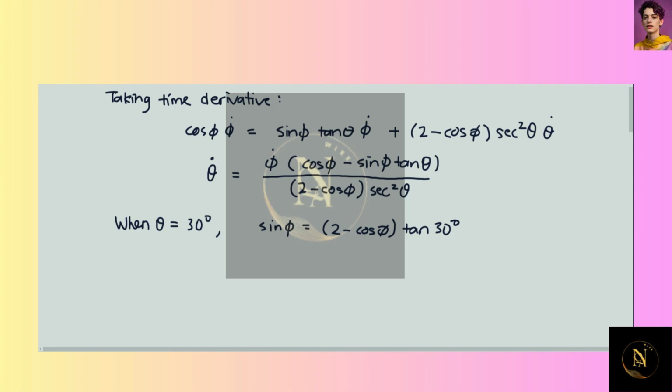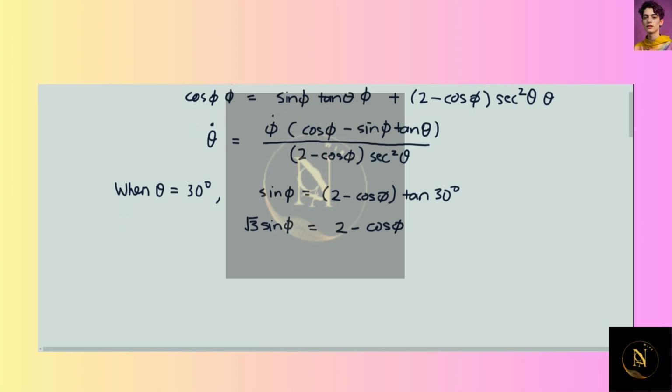There are a few ways to go about doing this. Tangent 30 degrees is square root 3 over 3, or 1 over root 3. So you have root 3 sine phi equals 2 minus cosine phi.